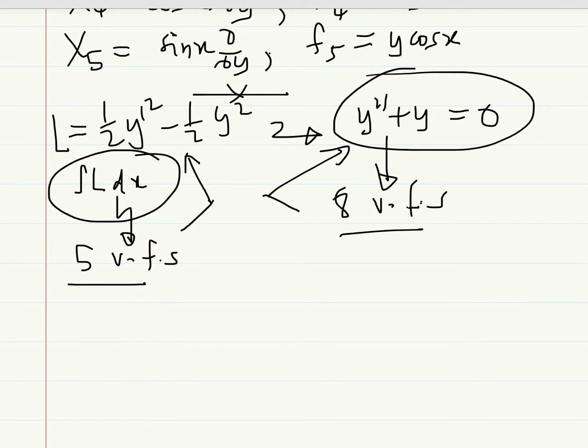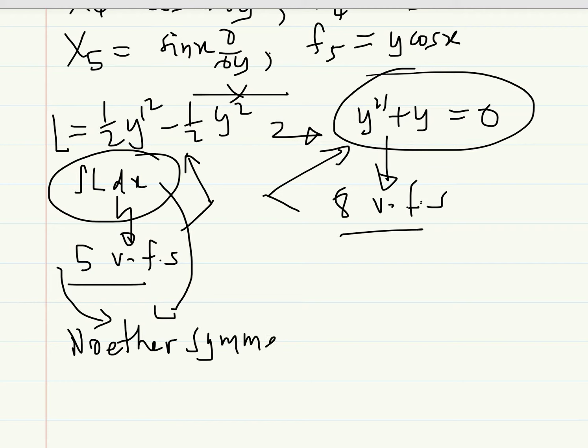The vector fields that leave invariant this integral, these 5 for example that we found, are called Noether symmetries. And of course these Noether symmetries we constructed with corresponding gauge functions.